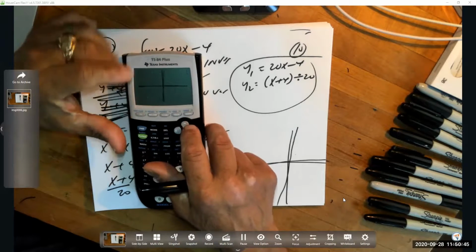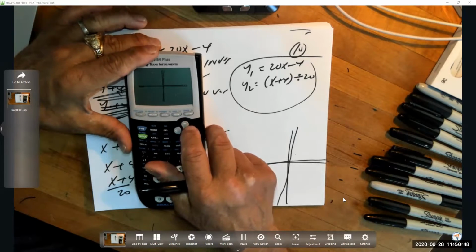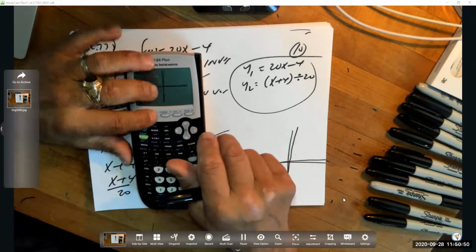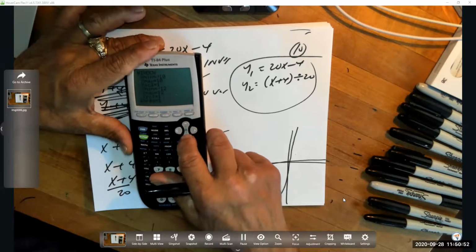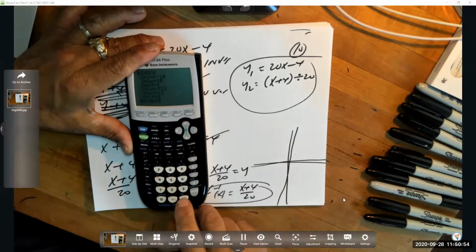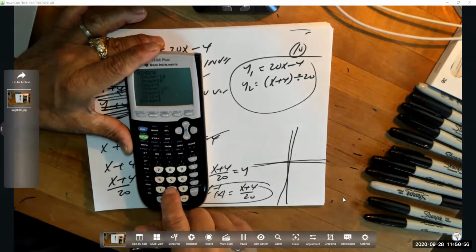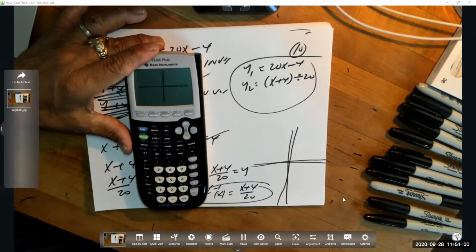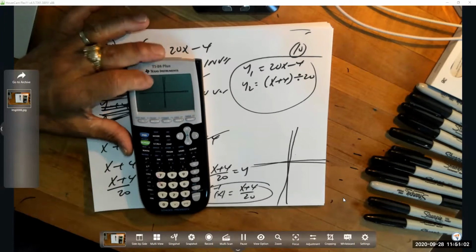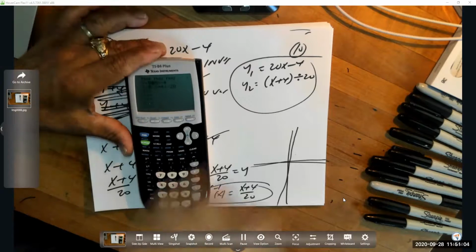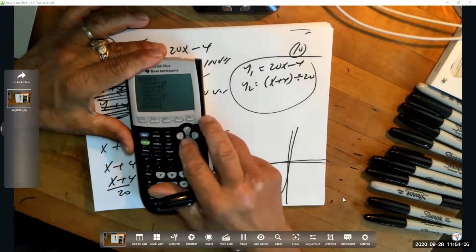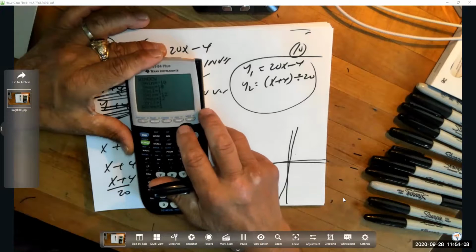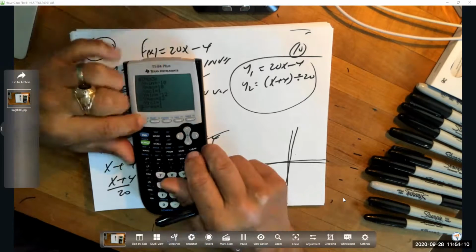No, it doesn't help my pictures much. What if I use negative 20 and 20? Does that make the picture better? Ooh, well, no, it doesn't. It's not helping me any. Let's go back to the original window. Just leave it there.